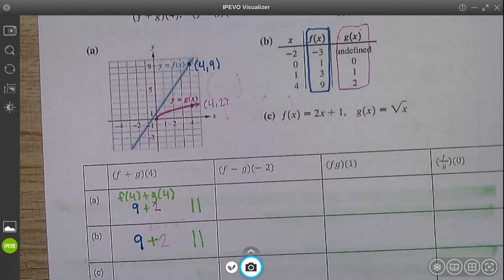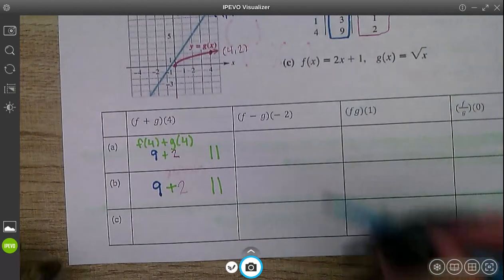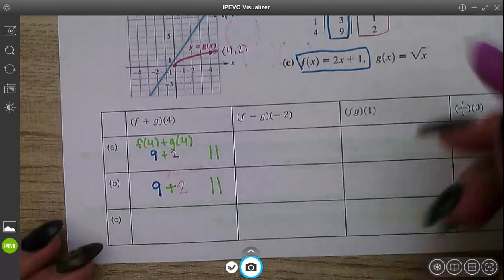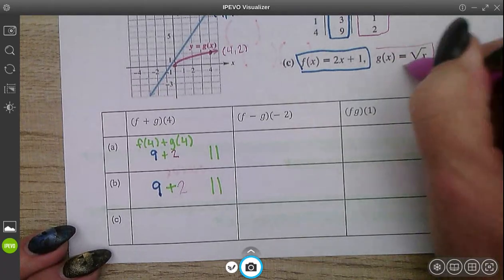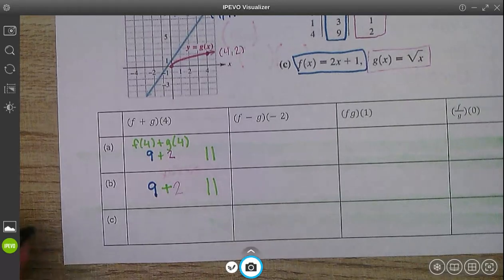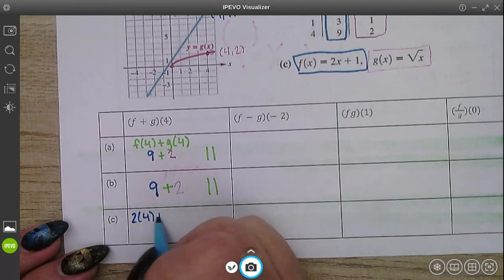And then we have the equation representation. So here is f of x, that's our blue graph. Here is g of x, that's our pinkish graph. So we would substitute in 4 to f of x, so we'd have 2 times 4 plus 1.